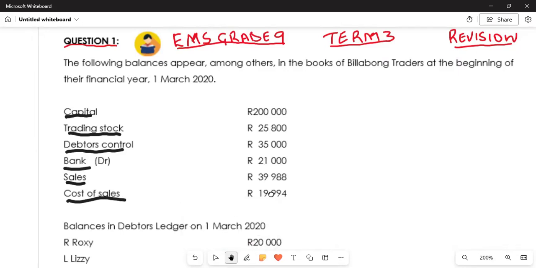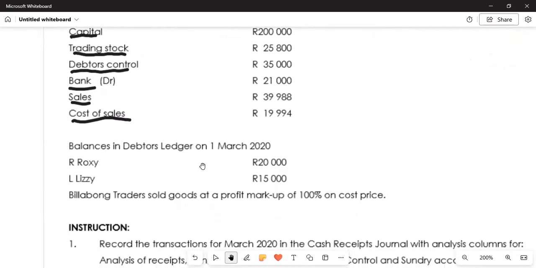So moving on, we are given the balances in the debtors ledger on 1st March 2020. You know, debtors are those people who bought the stock from us as a business on credit.